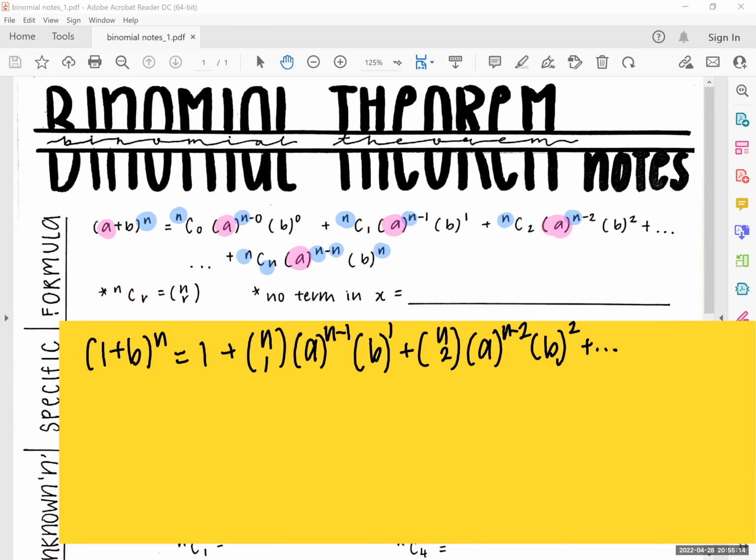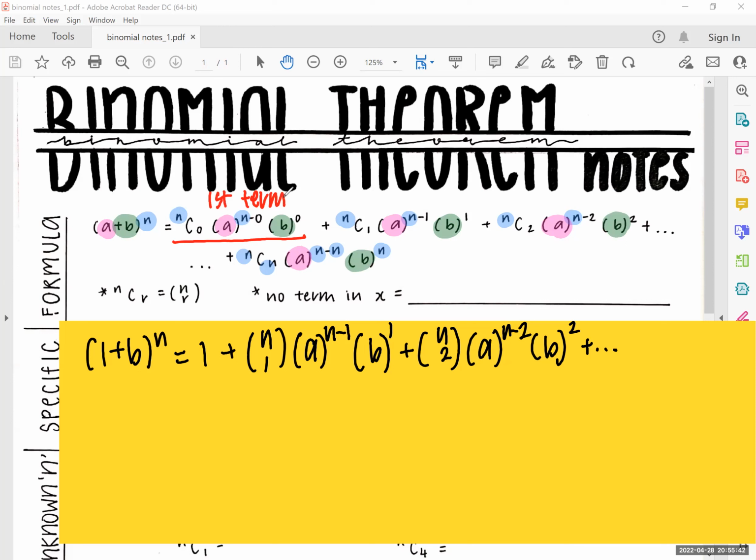Now, this b, you need to be very careful, because this b is a scenario where it's plus b. So what happens when it's a minus b? It means that inside each bracket, you must also put minus b. Okay? So this is always the first term.